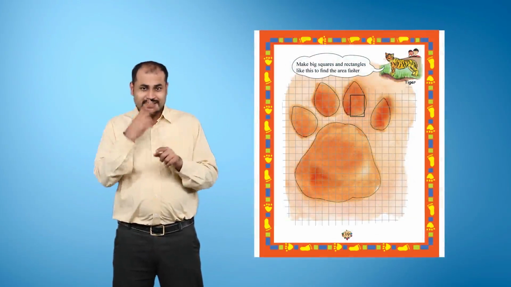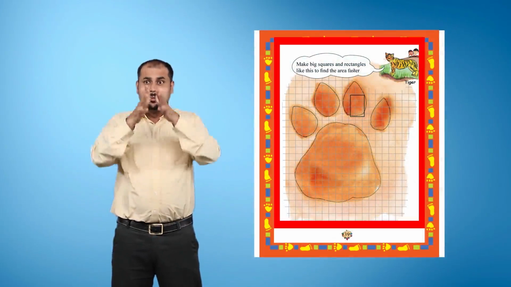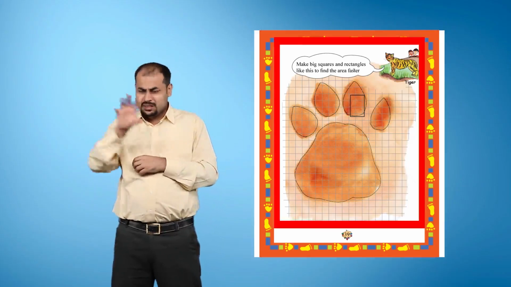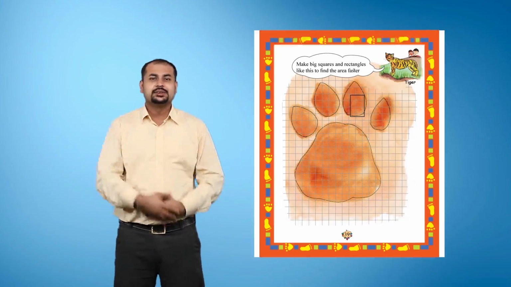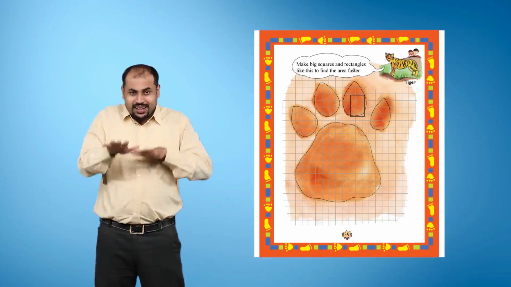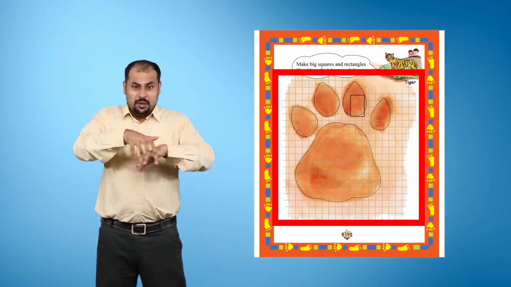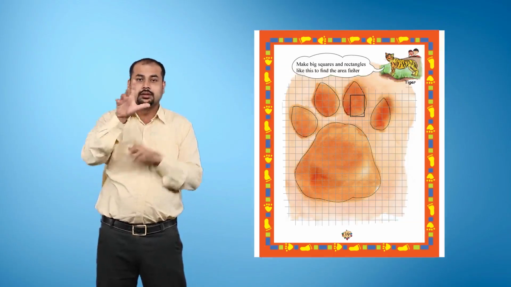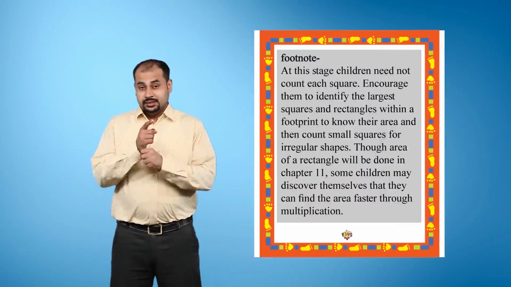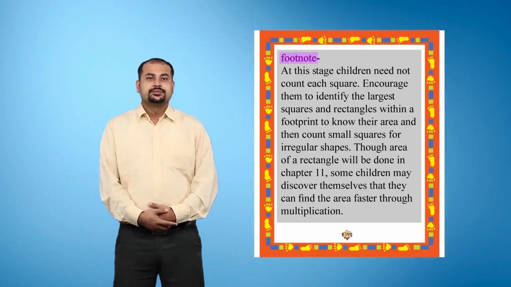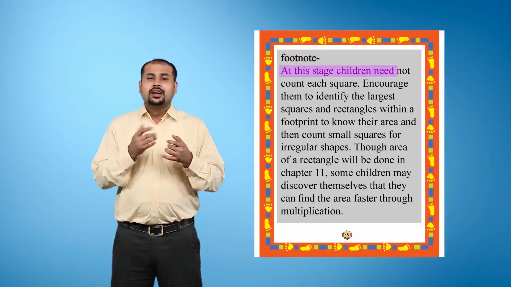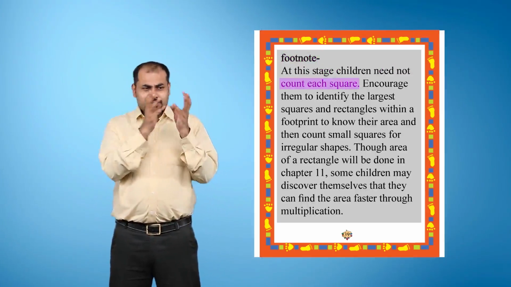On this page we see a huge picture created by many square grids. On the grid lines we see the footprint of the tiger in actual size, and his suggestion will be really helpful to find the area faster. For the teacher, at this stage, children need not count each square.